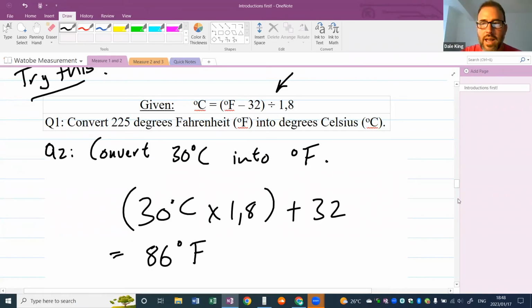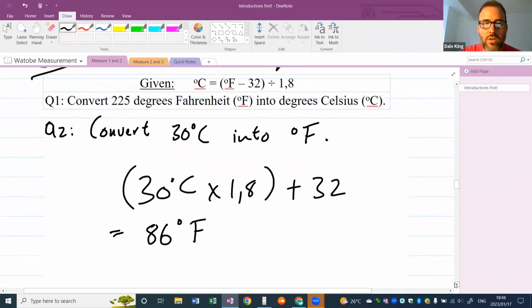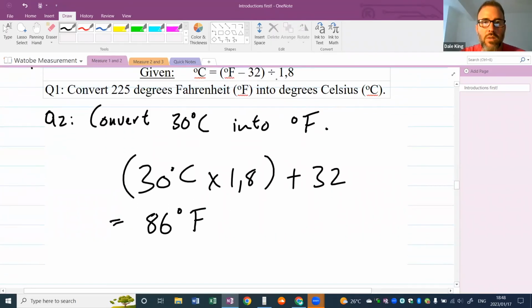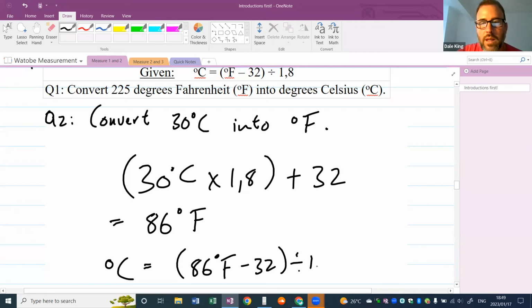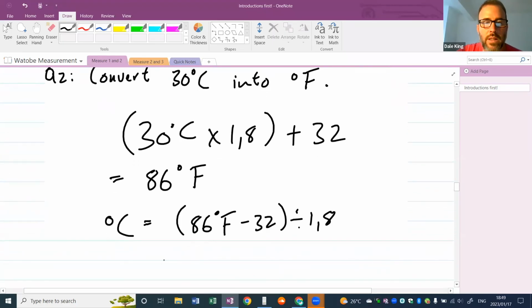All right, now how can we test if this is true? Well, we can go back to the original formula and plug in the 86. So to get degrees Celsius again, which should be 30, let's check. If we take our 86 and we minus 32, and then we divide by 1.8 again, we work backwards the other way now. Let's see what we get.